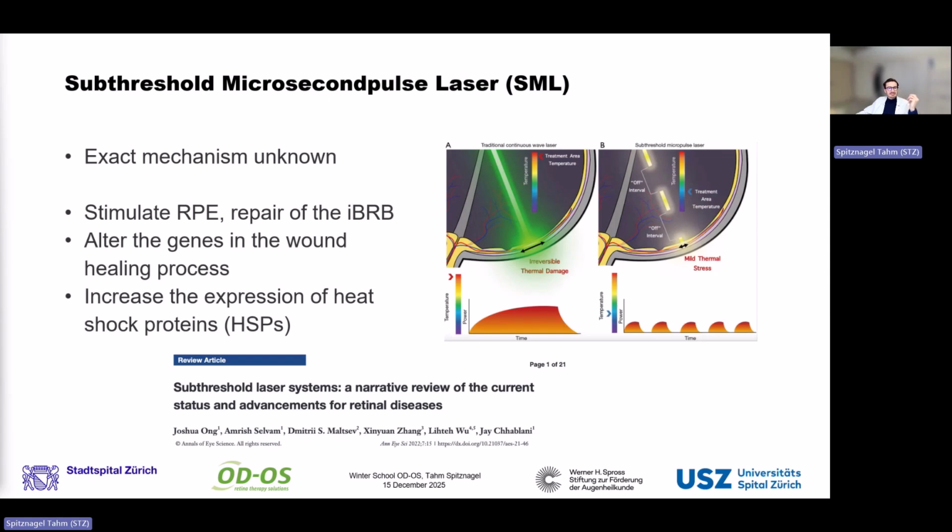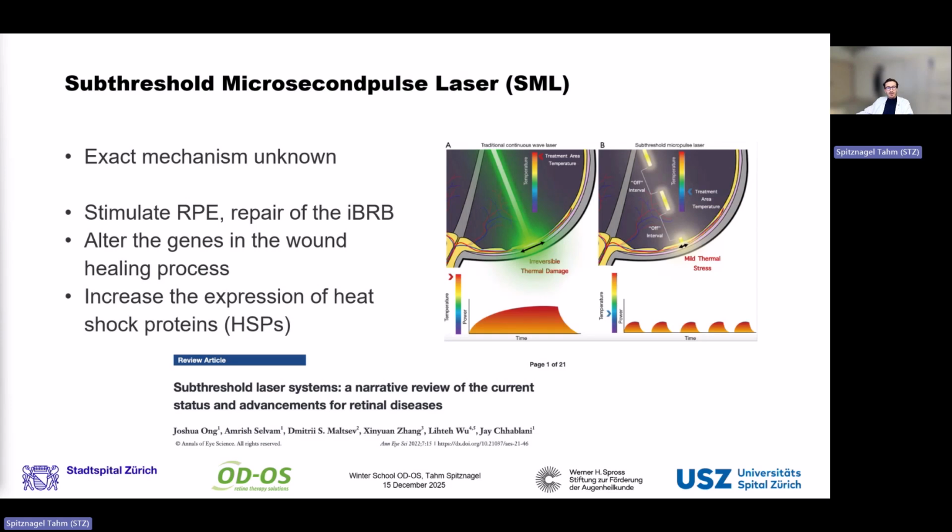However, it is believed that SML induces a biological response within the RPE rather than causing a thermal destruction. Proposed mechanisms include stimulation of the RPE cell metabolism, restoration of the internal blood-retina barrier, modulation of gene expression involved in wound healing, and upregulation of heat shock proteins.